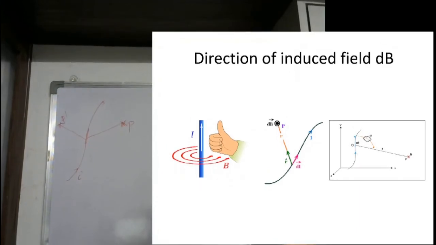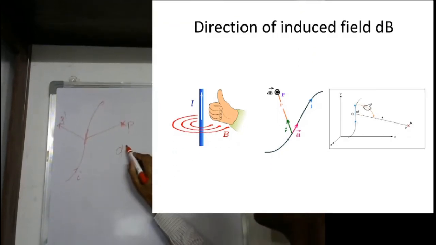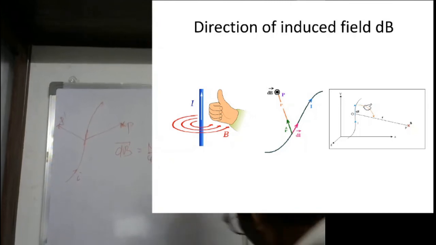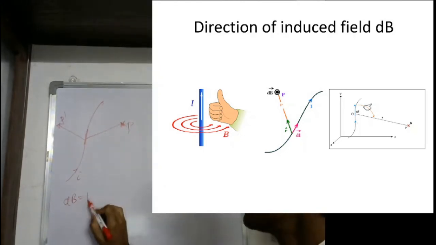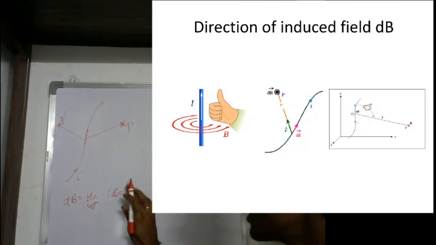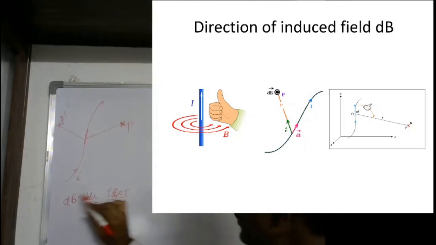According to Biot-Savart law, this induced magnetic field dB is equal to mu naught by 4 pi I dl cross r by r cube.